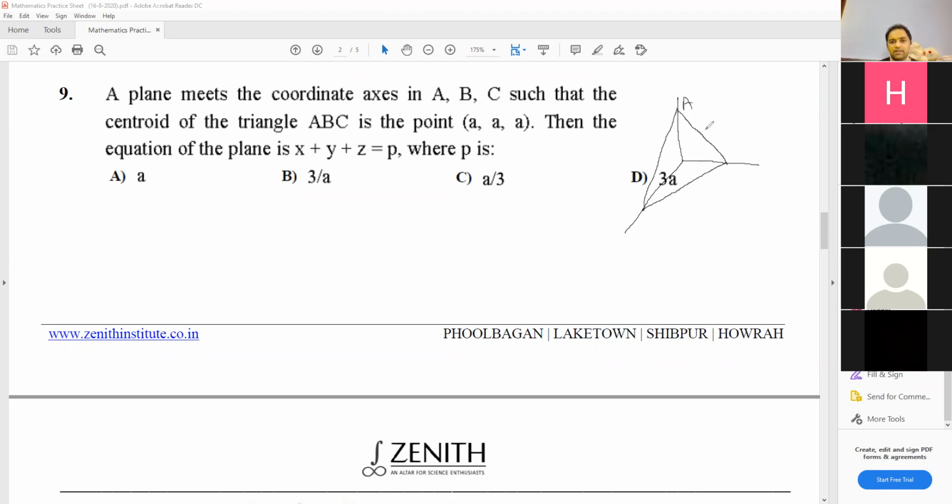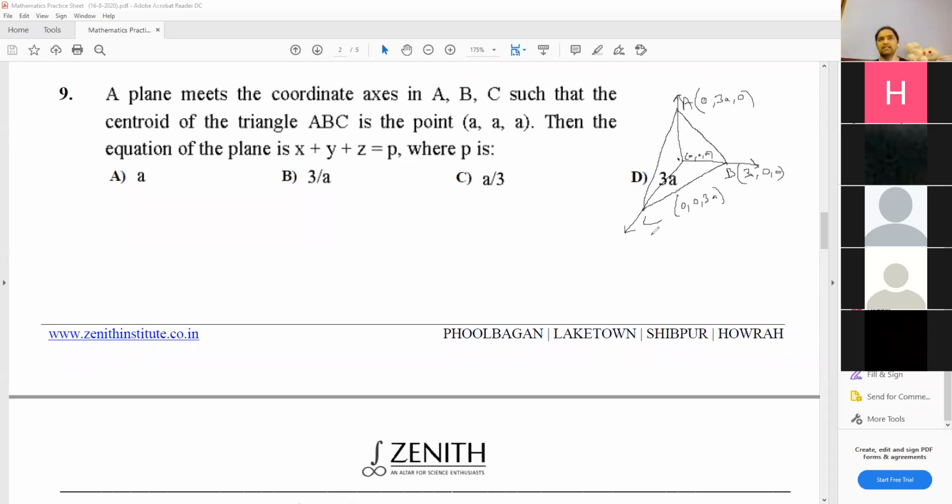Let's say this point is A, this is B, and this is C. If the centroid of this is (a, a, a), then what can we say would be the coordinates of A, B, C? This will be (3a, 0, 0), this will be (0, 3a, 0), and this will be (0, 0, 3a). I hope everyone is okay with this. This is the x-axis, this is the y-axis, and this is the z-axis.